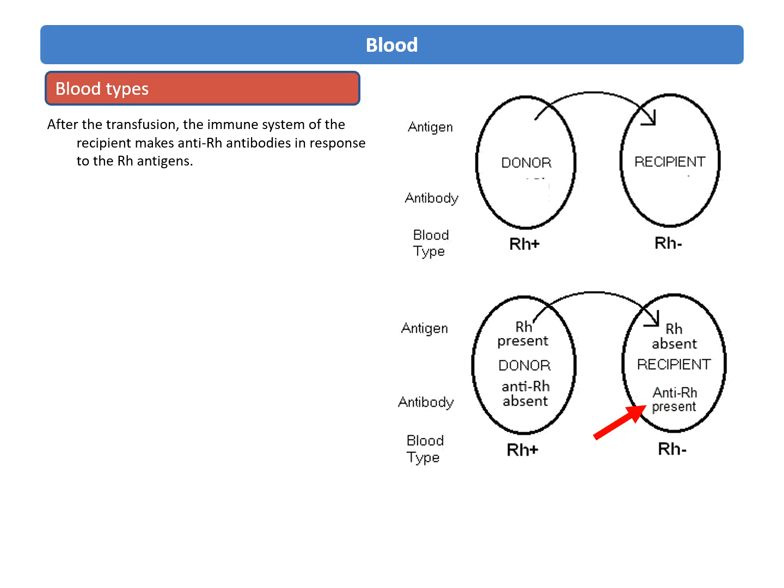After the transfusion, the immune system of the recipient starts to make anti-Rh antibodies in response to the Rh antigens. Assume a second transfusion is required from the Rh positive donor. Is this transfusion safe?